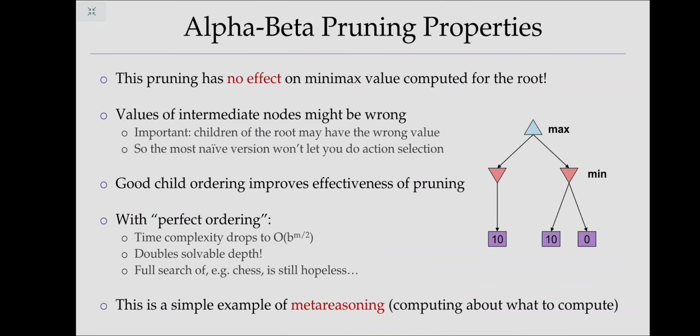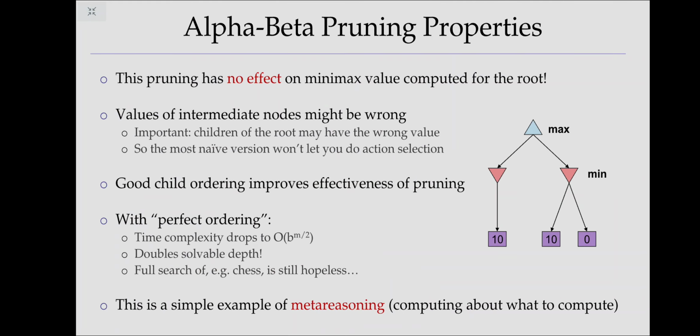Finding the perfect ordering is hard, but it is possible to check it with a complexity of big O, B power M over 2. But the search is very, very large.